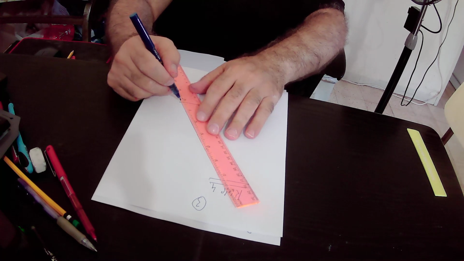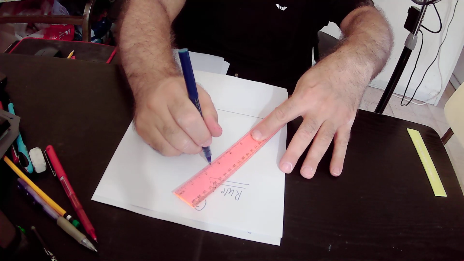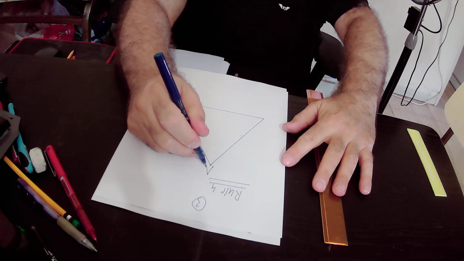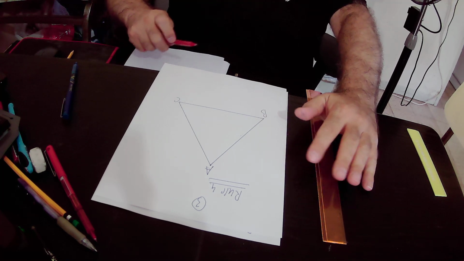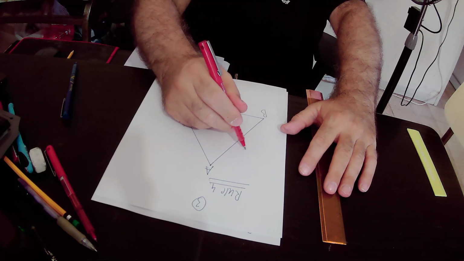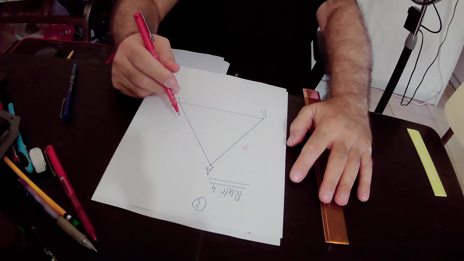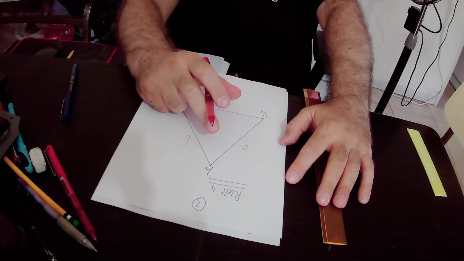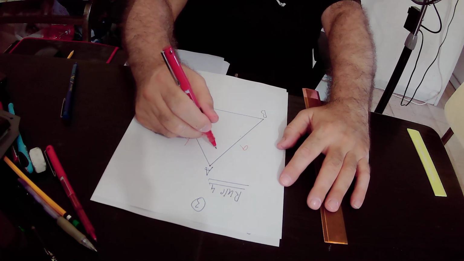If we have triangle ABC, and we know that the size of side AB is A units, the size of side AC equals B units, and we also know that the angle between side AB and side AC of triangle ABC is theta.